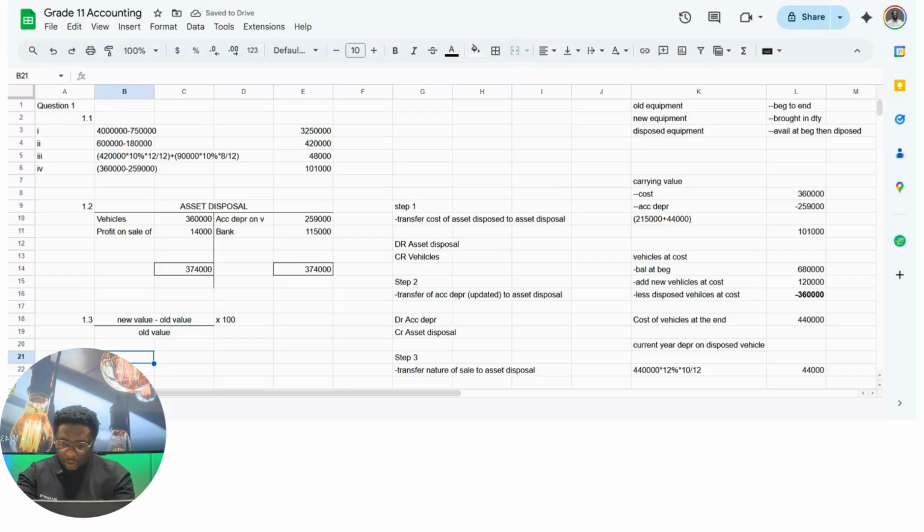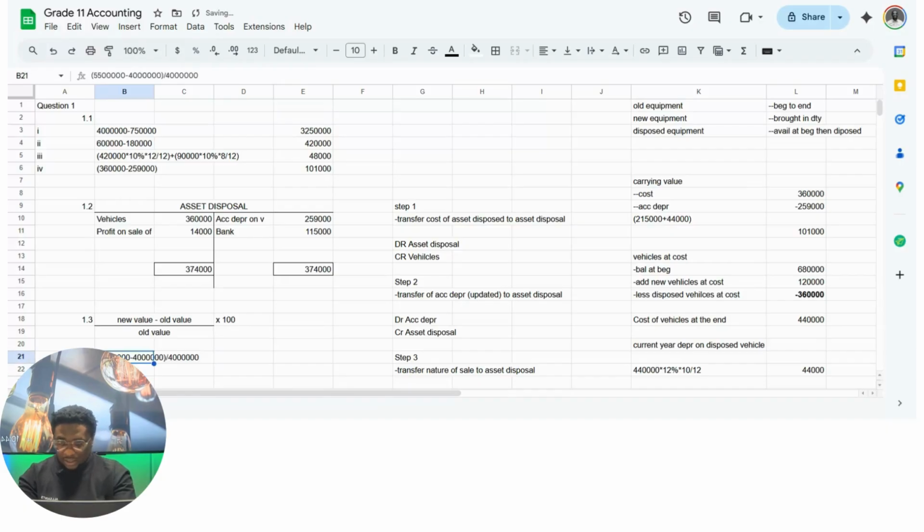Okay, so let's do that then. The new value in this case is going to be 5,500,000, right? Because we're imagining a scenario where the land and buildings that cost us 4 million are now worth 5.5 million. So we say 5.5 million minus 4 million, and then divide that by the old value, which is the 4 million.